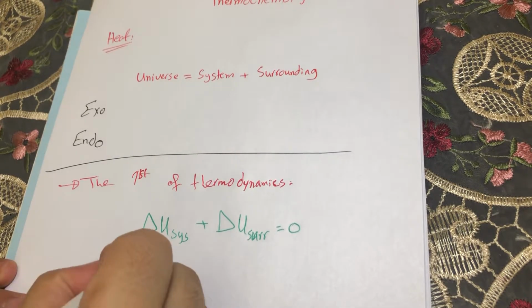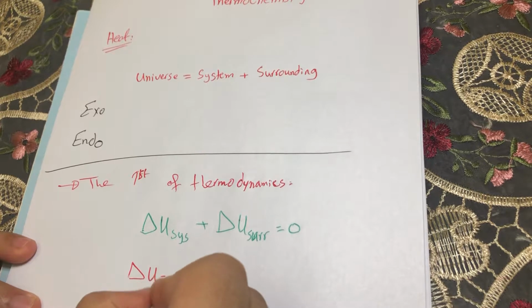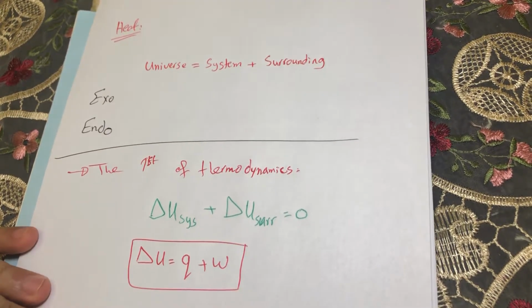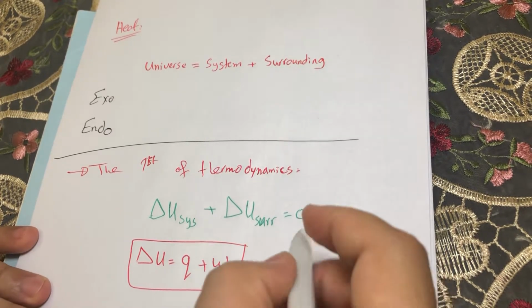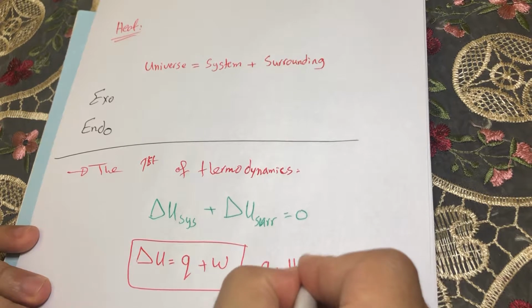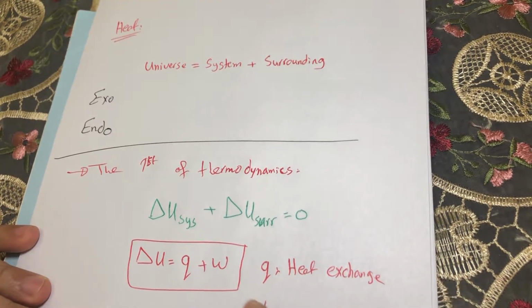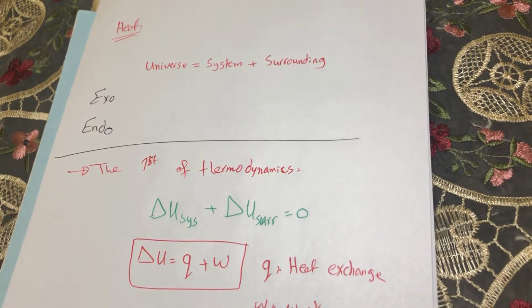We know that delta U equals Q plus W, where Q is heat exchange and W is work.